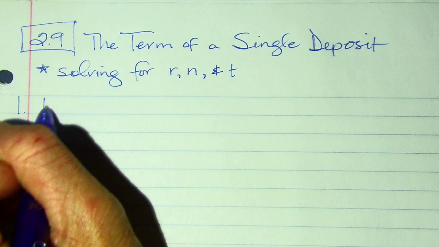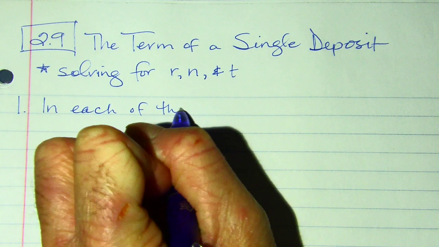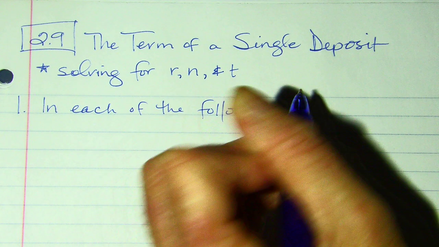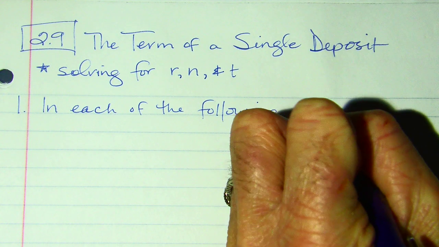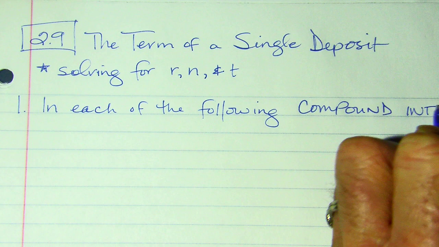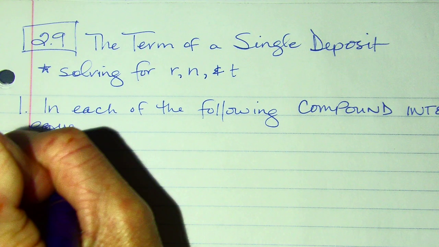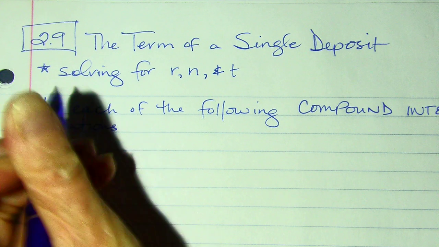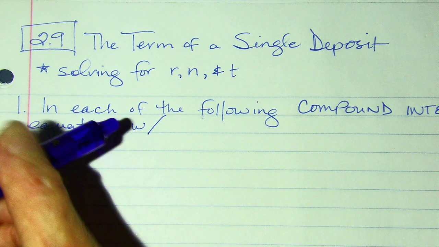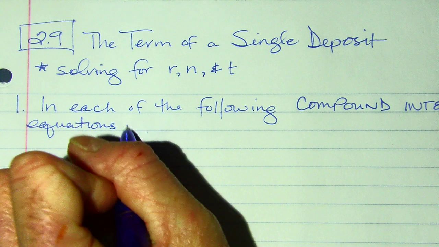So in each of the following compound interest equations with, I shouldn't use shorthand. Thankfully I have erasable pens.